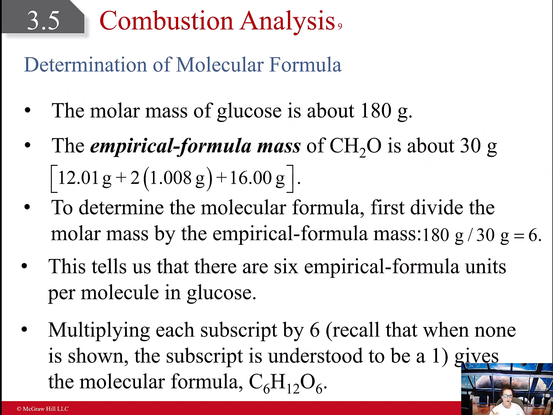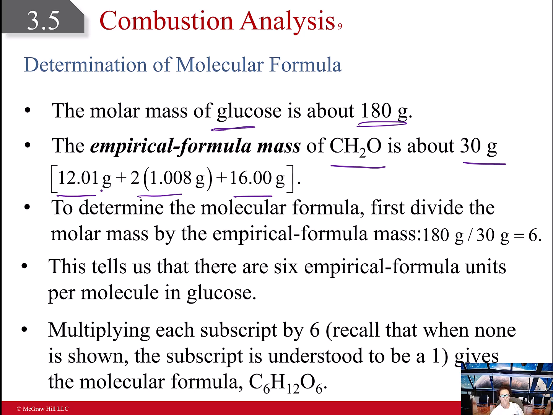So I do know that the molar mass of glucose is 180 grams. The empirical formula of glucose, which is CH2O, is about 30 grams, okay? So I've added those together, 16 plus 2 plus 12. That gives me 30 grams.